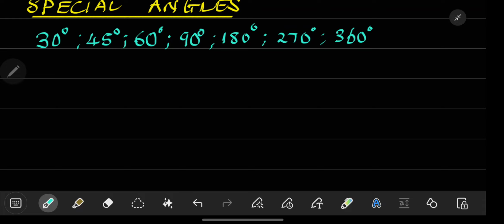Once you know how to do these special angles, you will understand why at university, at tertiary, mostly those who do calculus at the University of Pretoria, you are not allowed to use the calculator. So you just do math without a calculator.